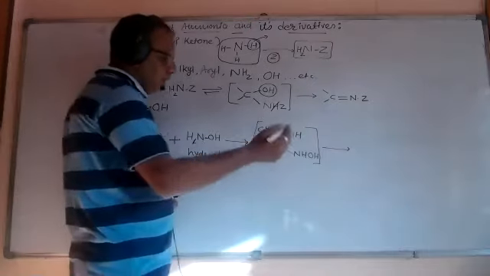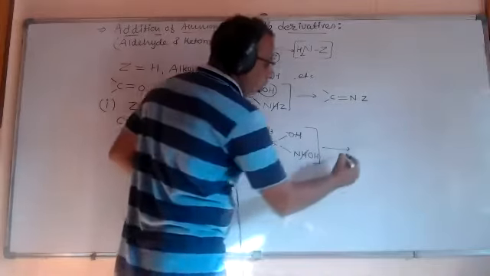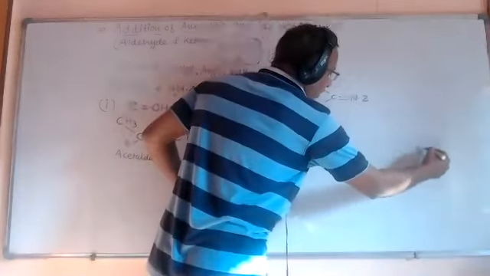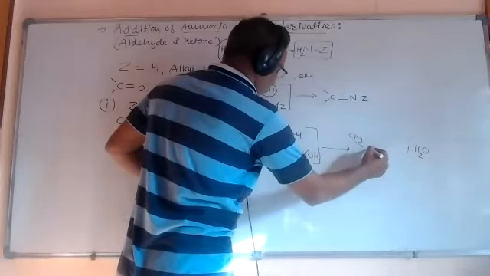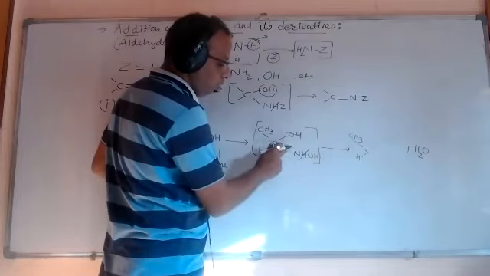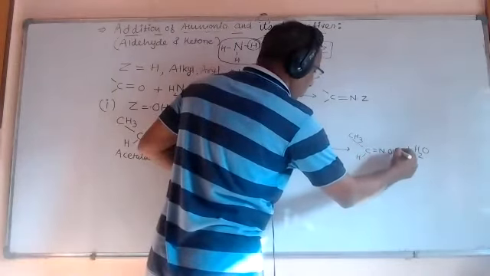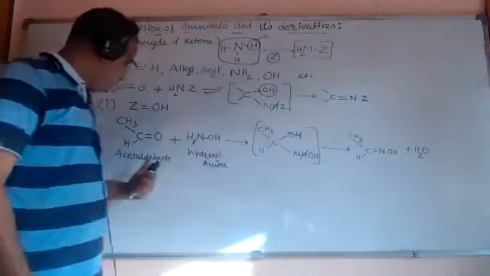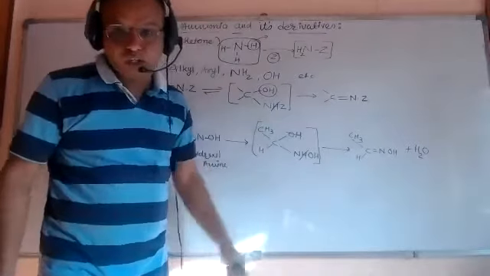Okay. In the next step, friends, this OH and this H will be removed as H2O, and friends, this is CH3 CH. A double bond will be added here, to NOH. This is from acetaldehyde and this is an oxime product.